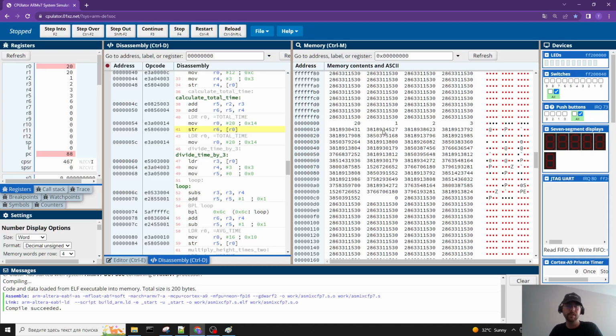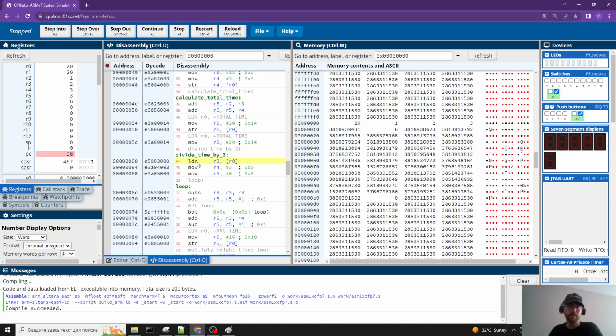So right here should change to a 6, because it pulled the value from register 6 into the 20 RAM address. Then we're going to move 20 into R0, which is actually already there. We didn't need to do that, but I did it anyway.